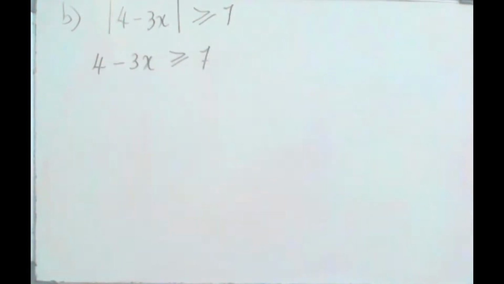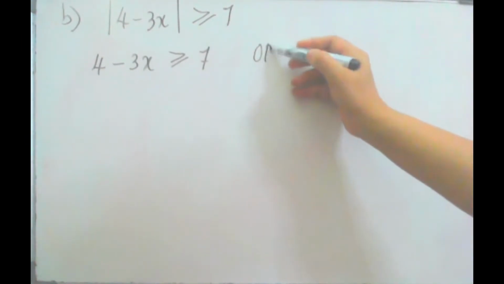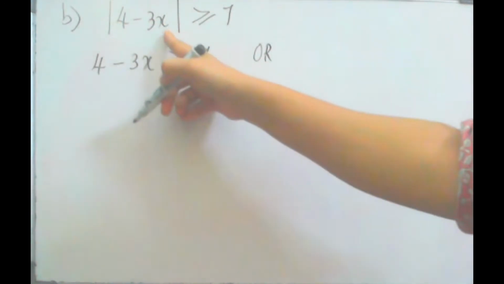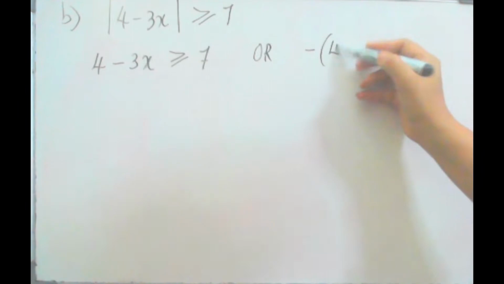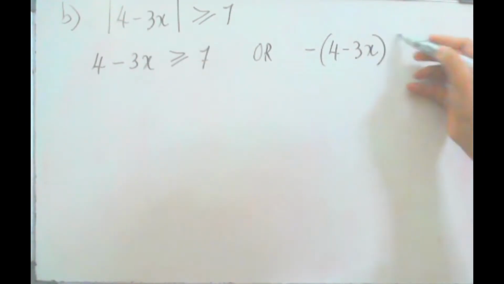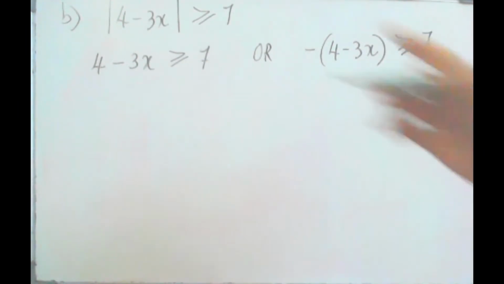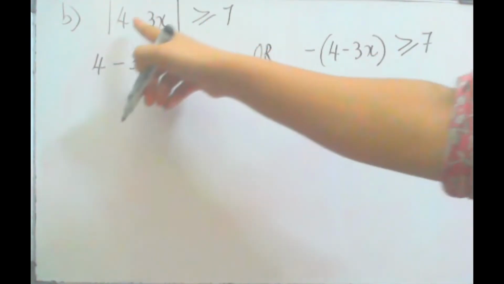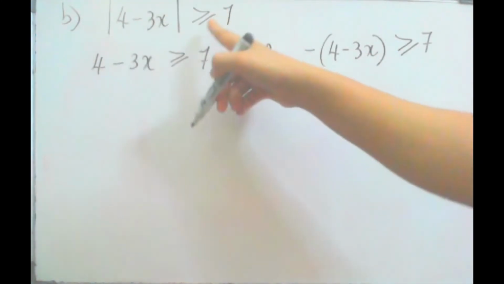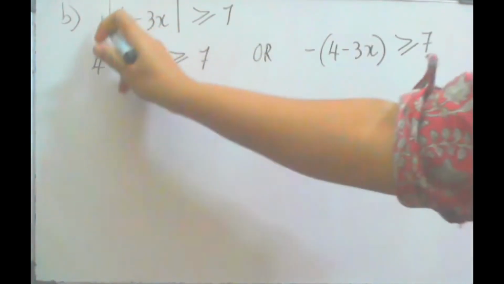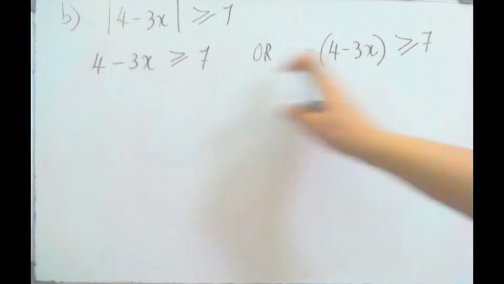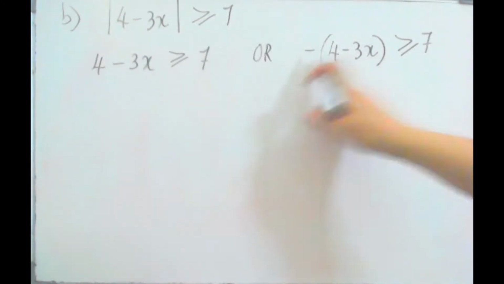That is one scenario. Or the negative of this value is also greater than or equal to 7. Negative of (4 minus 3x) is greater than or equal to 7. That is the meaning of modulus. Whether the value is positive or negative, this inequality still remains. So when we get rid of the modulus sign, we will have to consider both positive and negative.